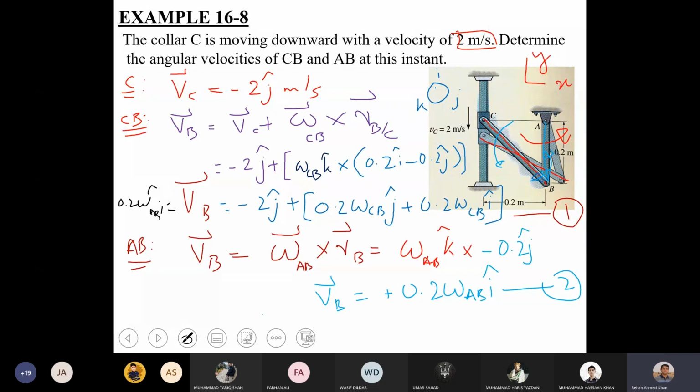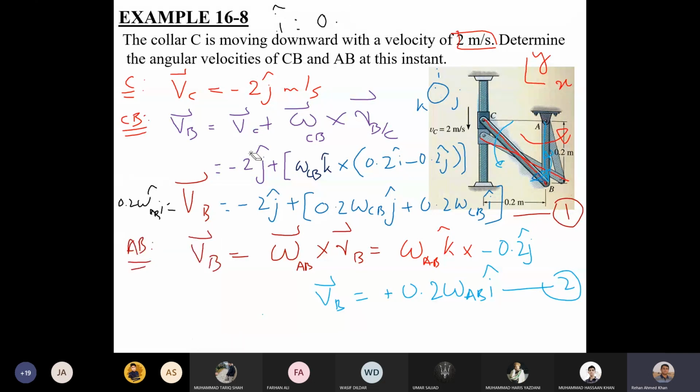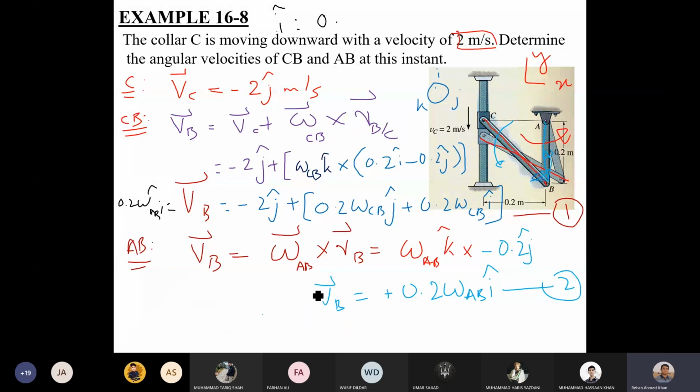So once you compare the I coefficients in this equation, I'm writing on top, if we compare the I coefficients, what is the I coefficient on the left side?